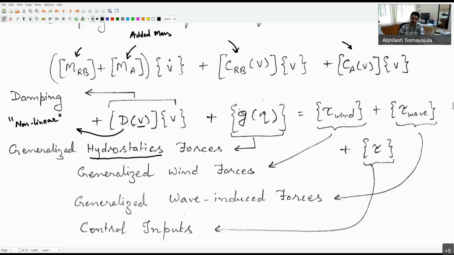But if we are looking at underwater vehicles, then this part does become important, because when we change the ballasts or the buoyancy, we experience a change in the net hydrostatic forcing on the vehicle, including the mass. Those effects are captured here.